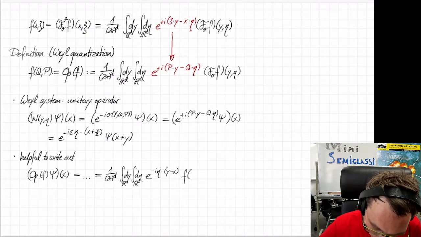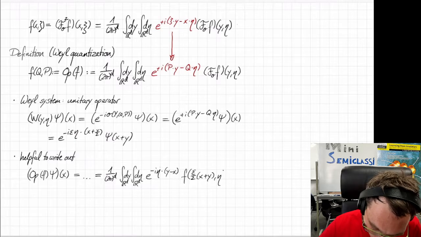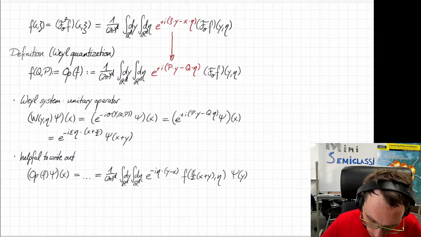And then you have f evaluated at epsilon half x plus y in the position variable, and eta in the momentum variable, applied to psi of y.